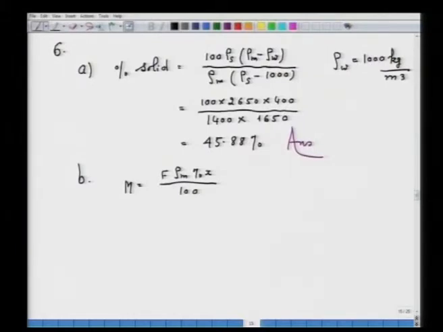If I substitute all these values, because you know F is the flow rate, that is 1 upon 8, 1 liter takes around 8 seconds. If I convert in the units, it will come around 3600 upon 8000, that will be in meter cube per hour.